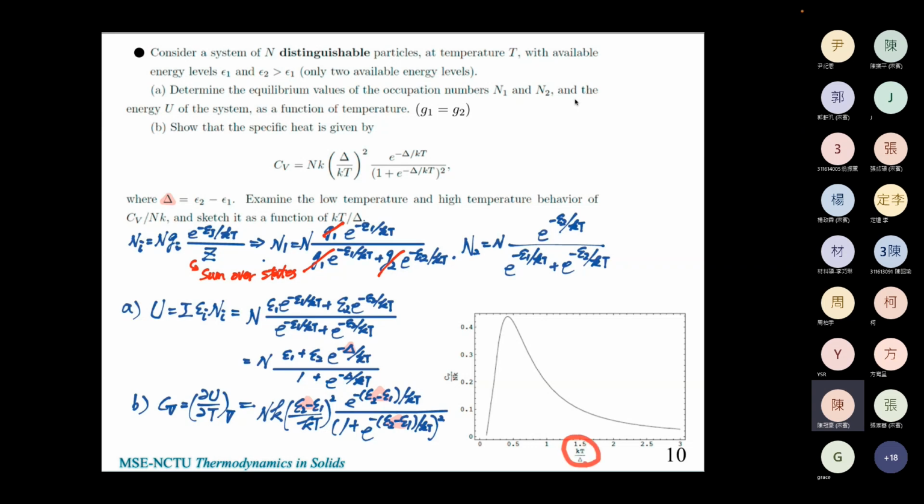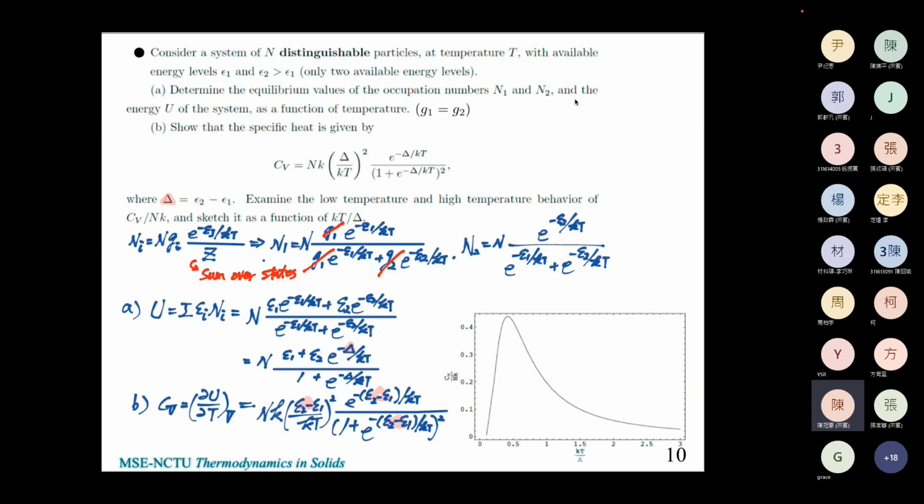This is kT over delta, and this is CV divided by NK. If we plot this in Excel, you get this curve.